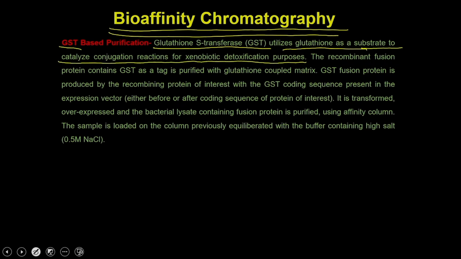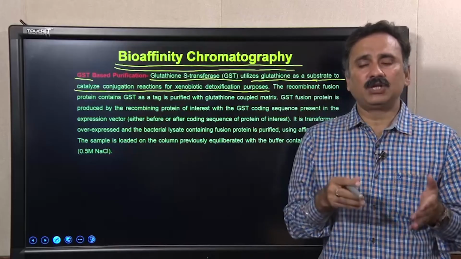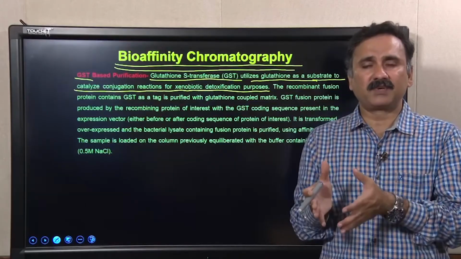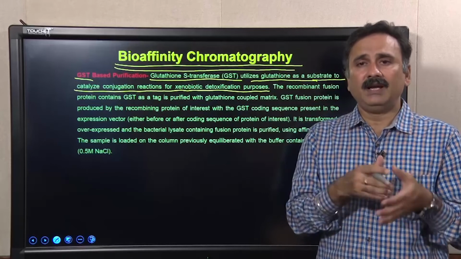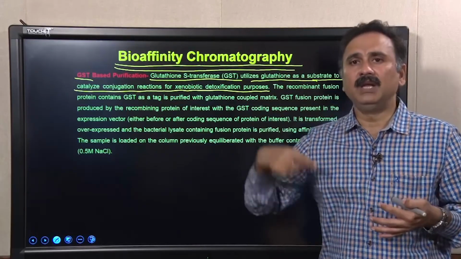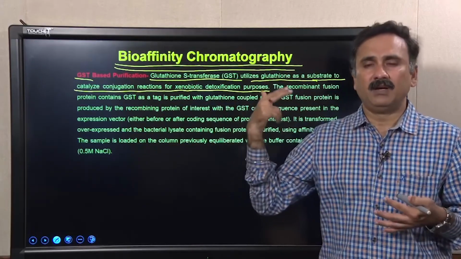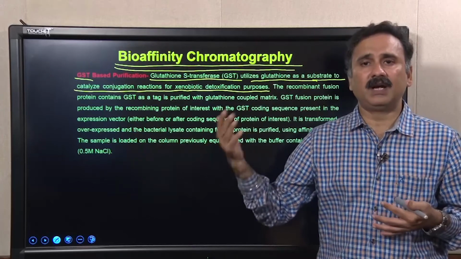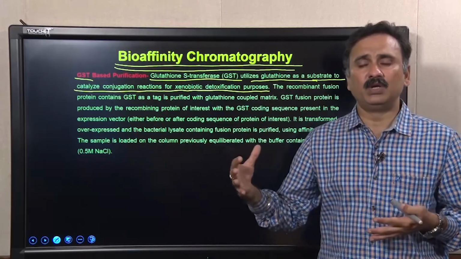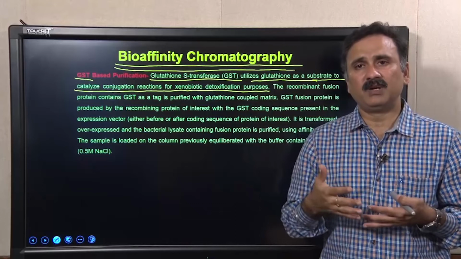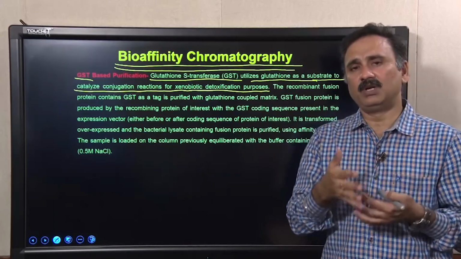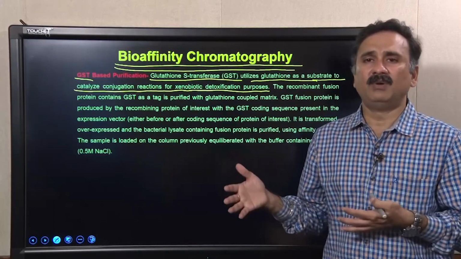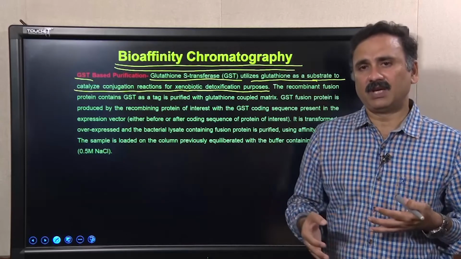So, GST is an enzyme which utilizes the substrate called glutathione, and that is how it is coupling the glutathione to the drugs and other kinds of hydrophobic molecules, so that the molecules become soluble, and that is how these molecules can be removed from the body during the detoxification process.